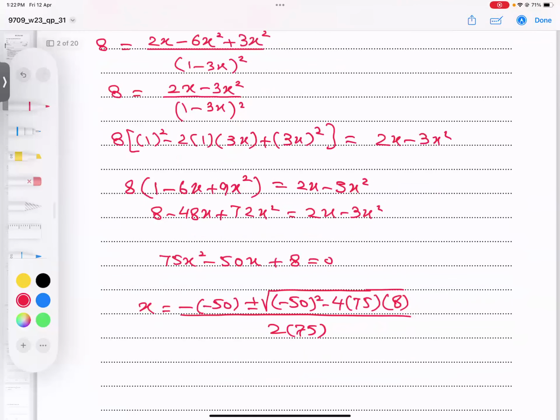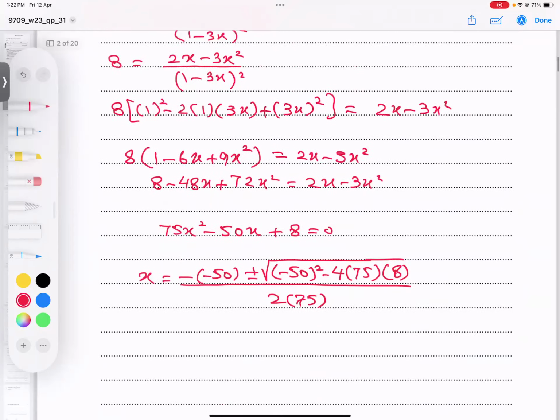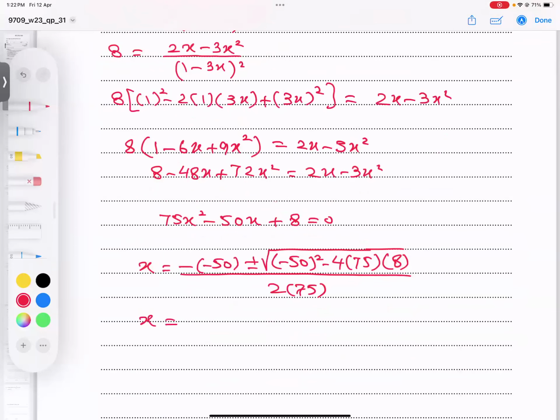And after typing this, we can directly get our answer. No need to show full working to the examiner. Okay, the first answer we are getting is 2 over 5. And the second answer we are getting is 4 over 15.